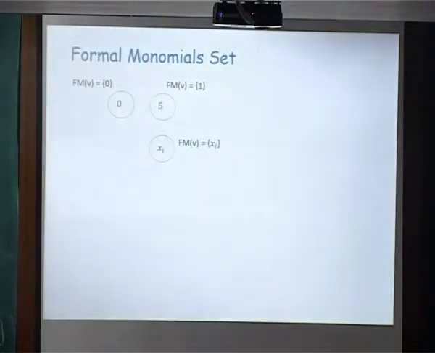For every input node, if it's a constant, no matter what the constant is, just associate the monomial 1 with it, unless it's a 0, in which case you set it to 0. For every variable node xi, the set of monomials corresponding to it is just xi.